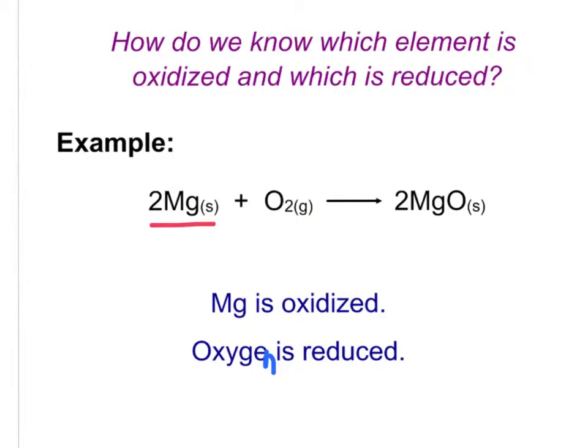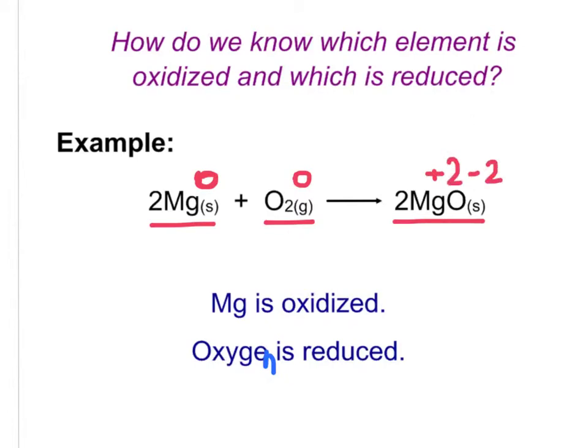And magnesium, we know when it's ionic, tends to be +2. Well, in this case, magnesium has no charge. It's zero. Oxygen, the same thing, no charge. It's bonded to another oxygen. They're neutral. These are neutral atoms. When the two bond, magnesium is going to be +2 and oxygen is -2.